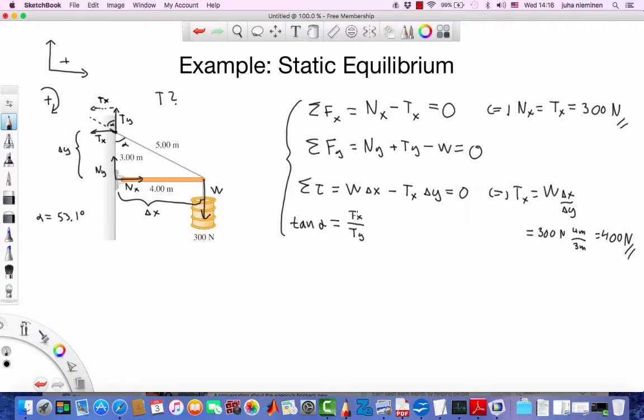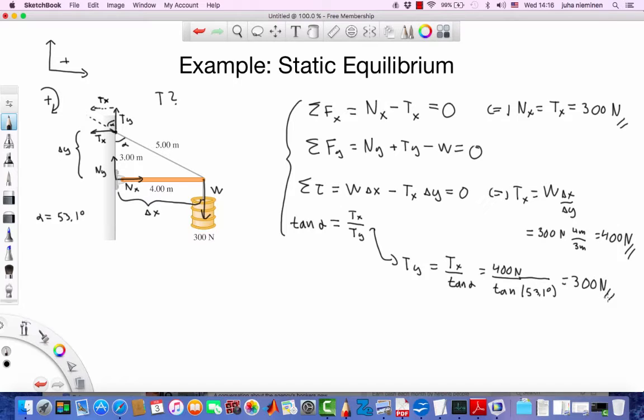And continuing with the tx, we can in fact solve for ty from here. So ty is tx divided by tangent alpha. tx is 400 and alpha is 53.1 degrees. And that gives, in fact, nicely 300 newtons.